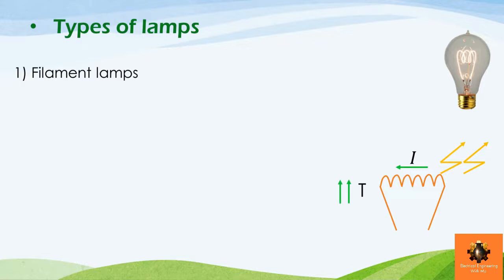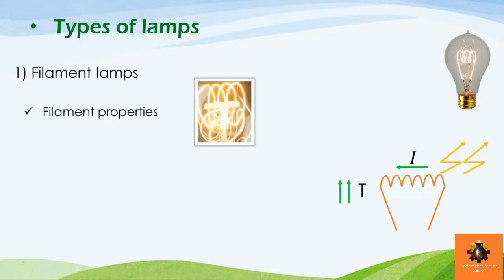But this filament material itself must have some specific properties to do its job well. The first property is that it must be made of a material that is capable of increasing its temperature highly, like tungsten, and the aim of that is to produce the required light. As when its temperature increases, the lamp produces a larger light.